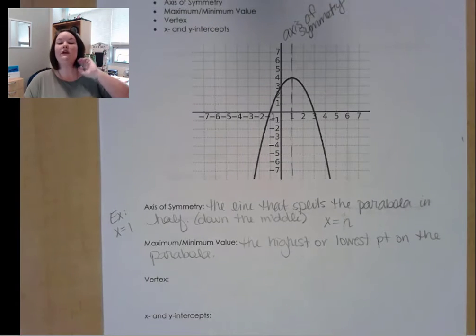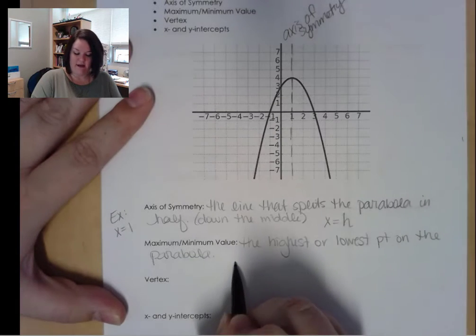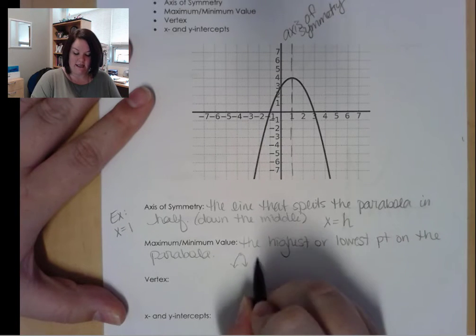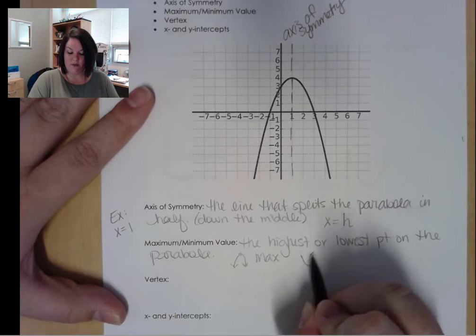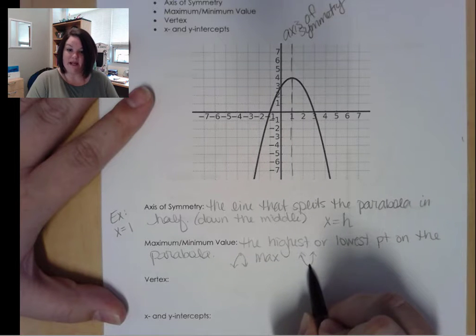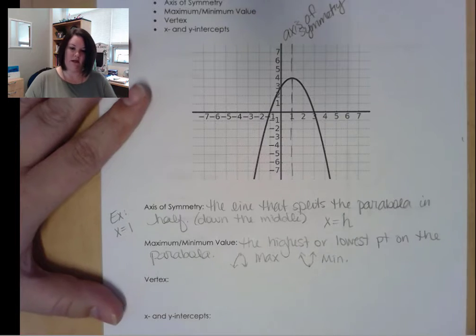Whether it's the highest or lowest depends on whether the parabola opens up or opens down. If we have a parabola that opens downward, then the highest point gives us our maximum value. If we have a parabola that opens upward, then we get a minimum value, because it's at the base of the U of the parabola. So this gives us a minimum.